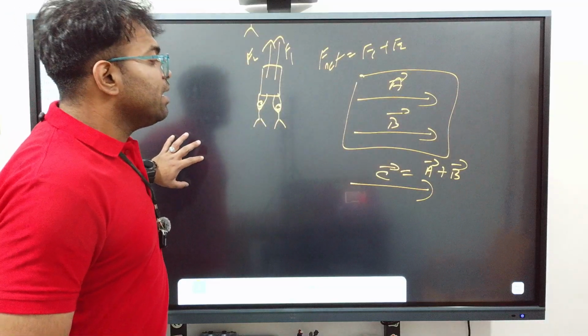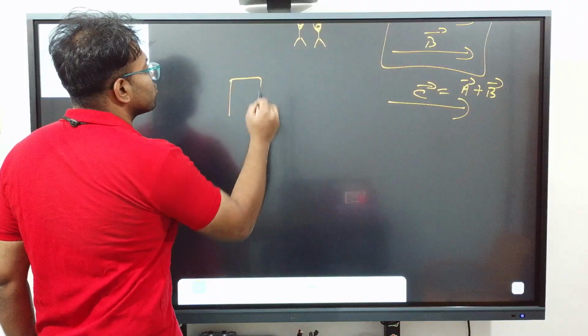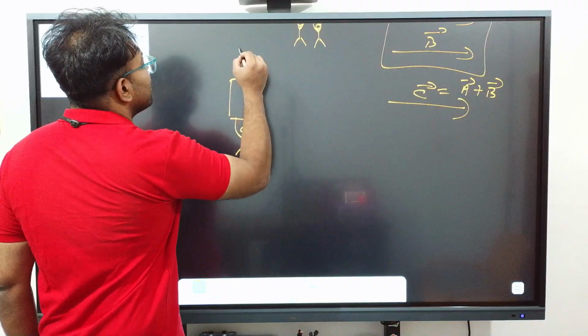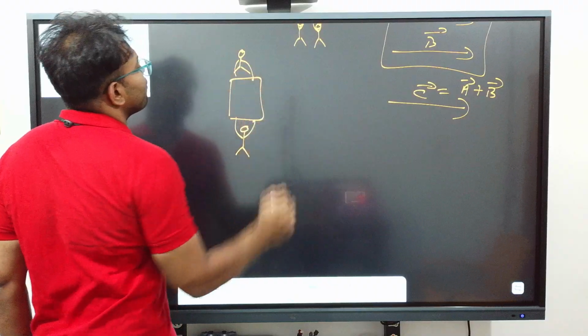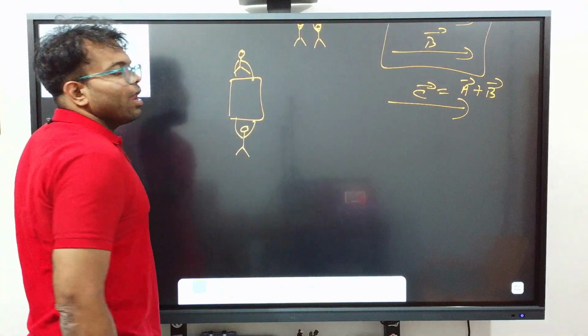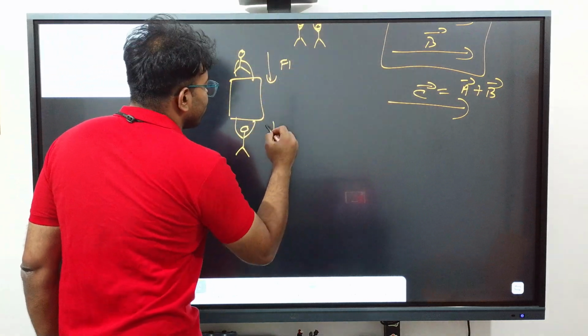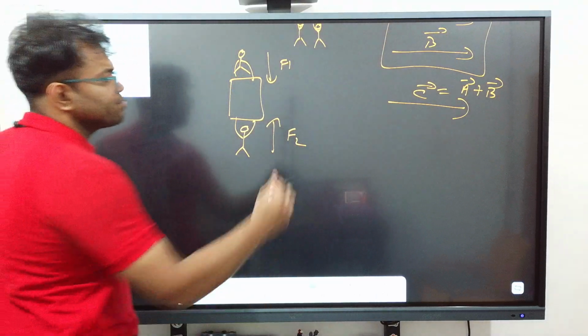Now, if you are trying to apply a force on a trolley like this, and there is this person who is trying to put a force like this, both of you are opposite to each other. He is applying a force of F1, you are trying to apply a force of F2, so the resultant vector becomes what?